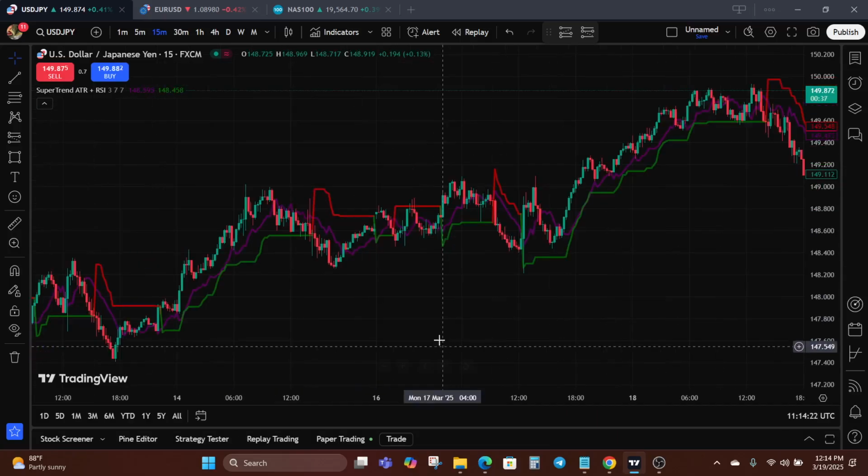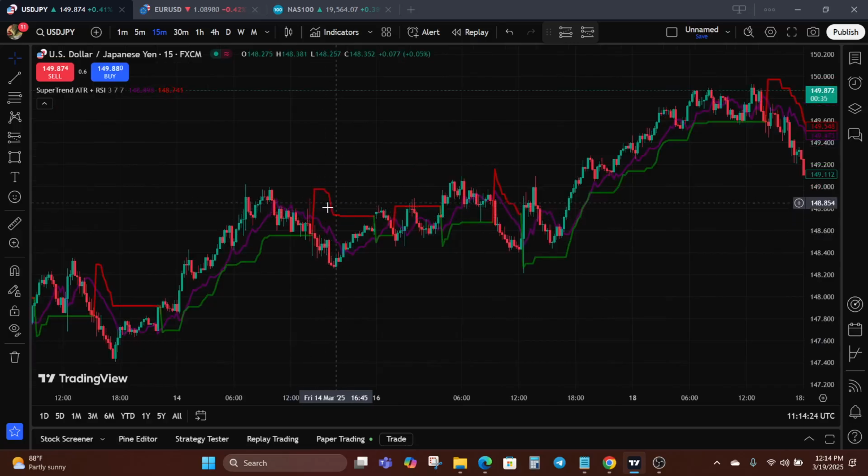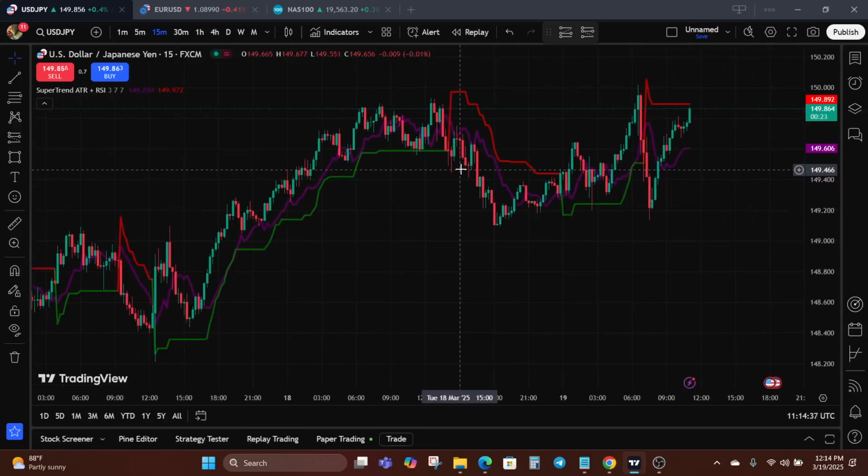And when you have the color change to red, it shows that bearish momentum is prevailing. So you want to look for buy opportunities when bullish momentum is prevailing in a buy trend, and you want to look for sell opportunities when bearish momentum is prevailing in a sell trend.